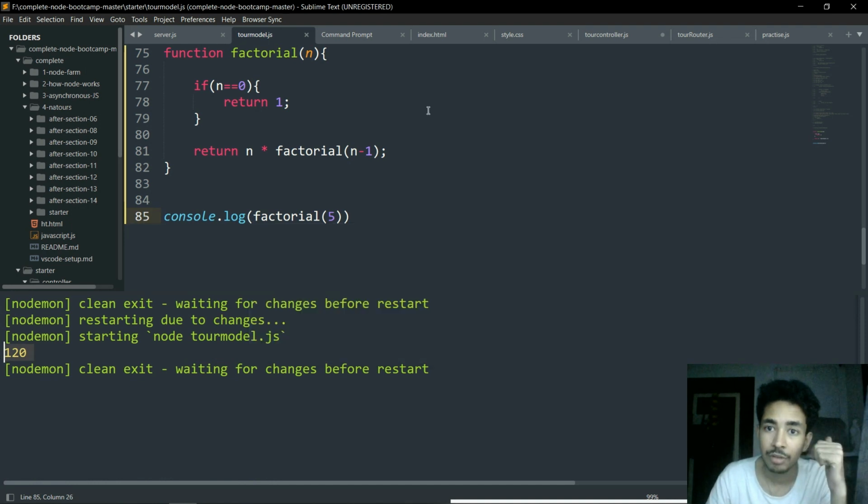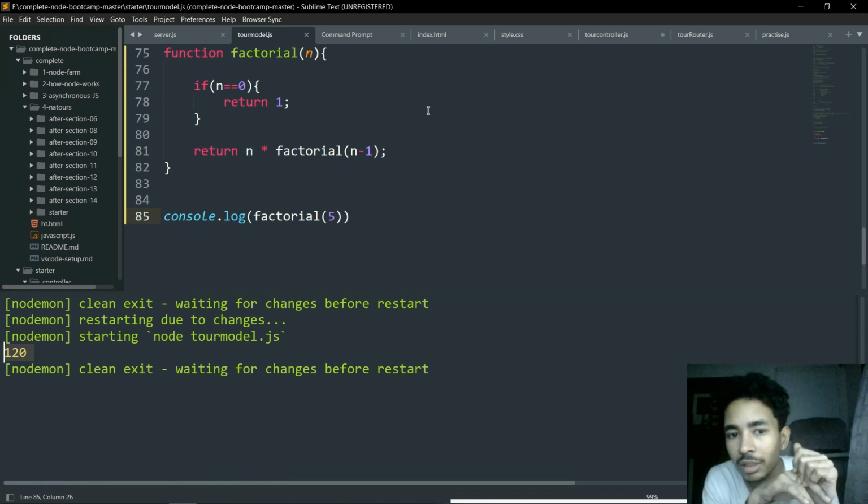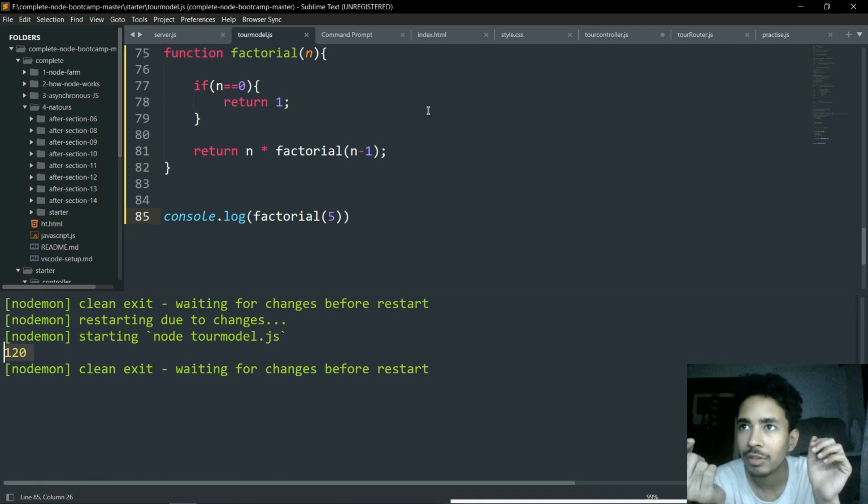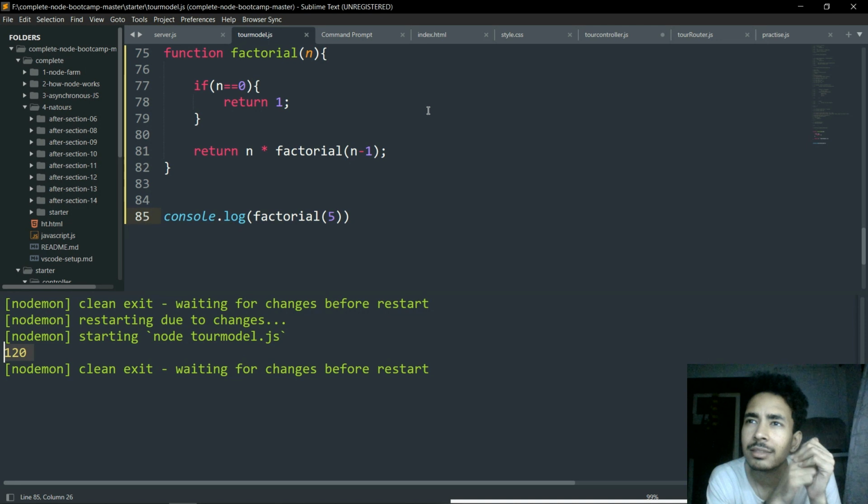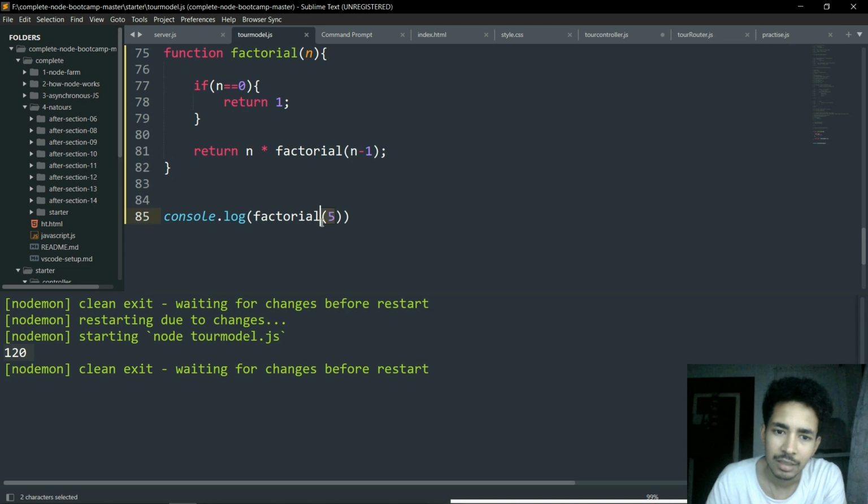So the answer is right. 120 multiplied by 6, then we will get, 120 into 6 is nothing but 132, I guess.